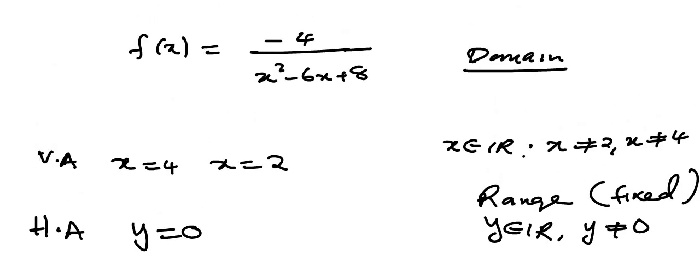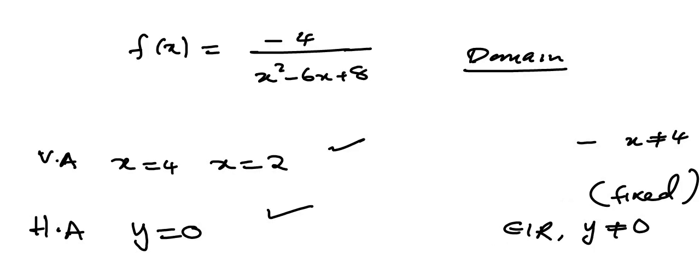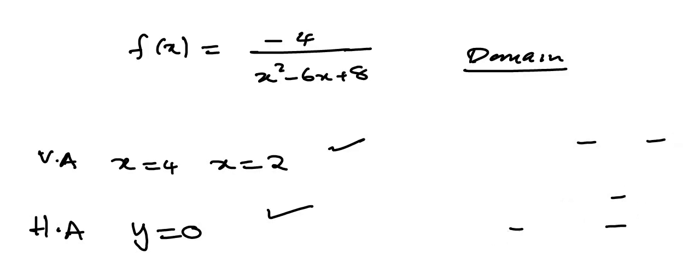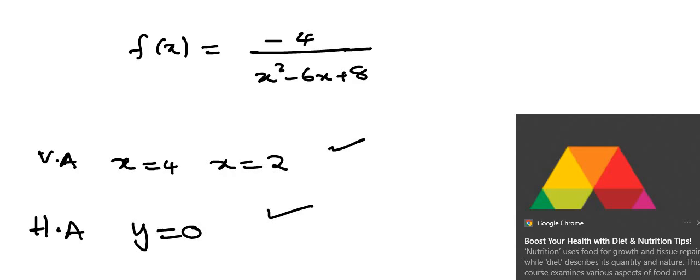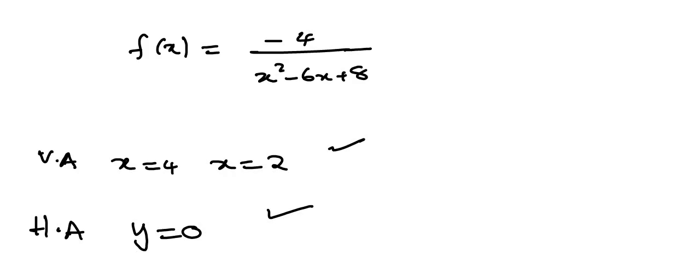So if everyone is okay with the vertical asymptotes and the horizontal asymptote, the next thing to get here is the x and y intercept. The x-intercept is when y is 0, which does not exist in this case because the x-axis is the same as y is equal to 0. So we cannot have an intercept.